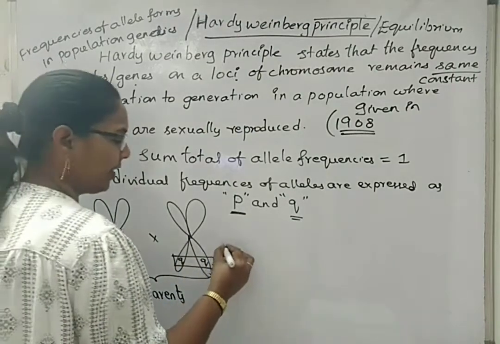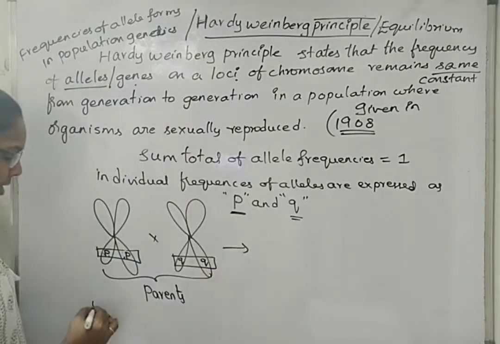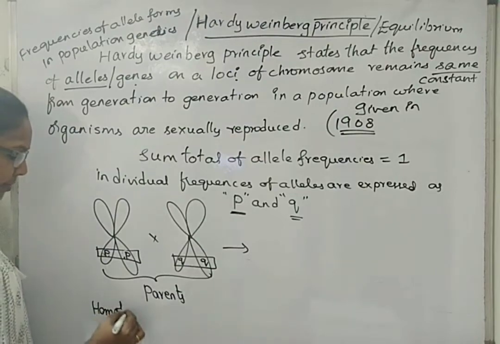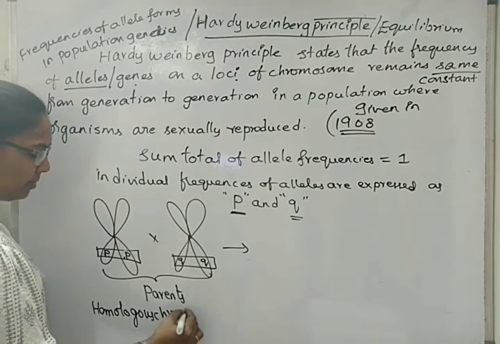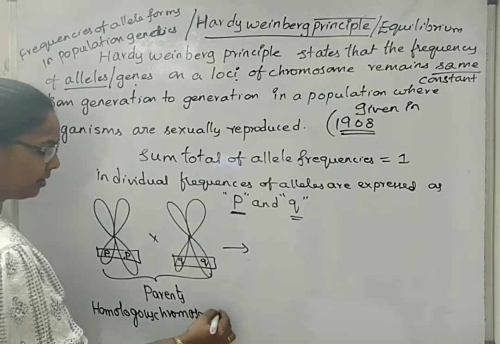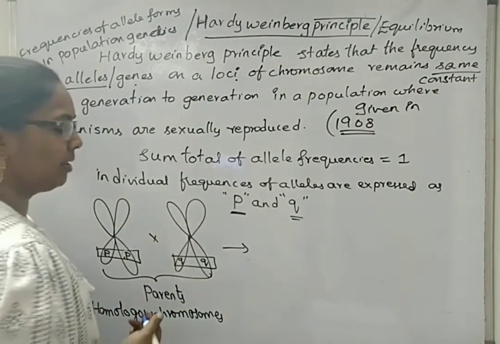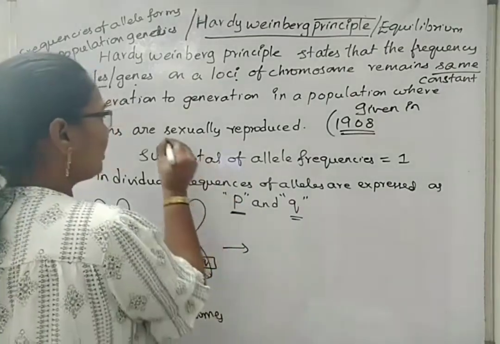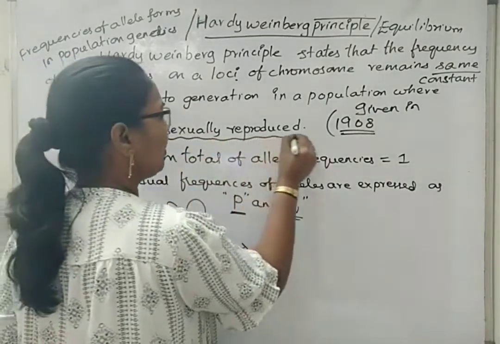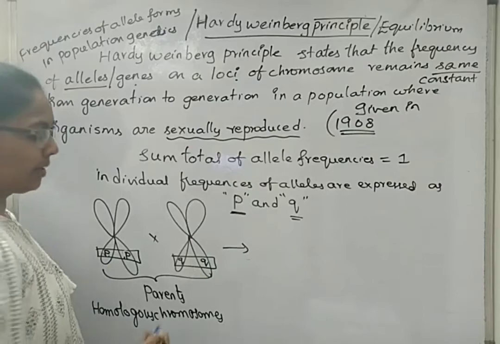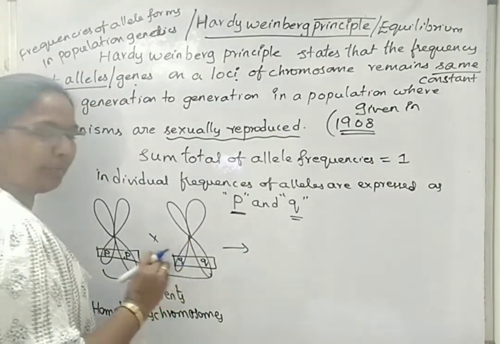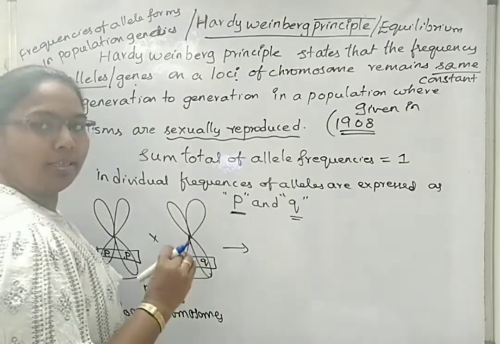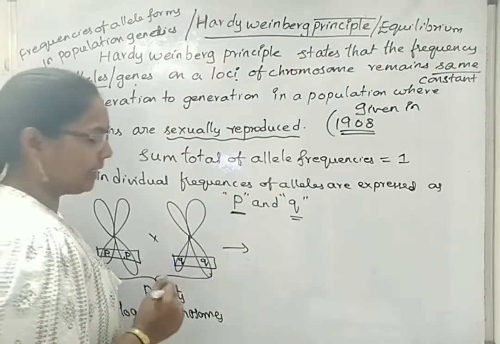We know that when such homologous chromosomes are crossed, during sexual reproduction, in the pachytene there will be crossing over and exchange or gene recombination at the pachytene stage.